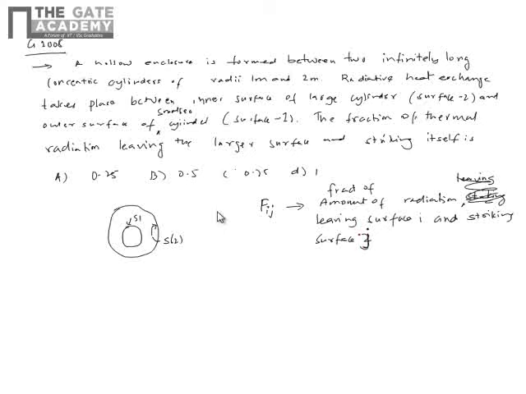If the total is 1, there might be 3 or 4 surfaces, so surface 1 might be participating with 2, 3, 4 or 5. So that is F. What we want is F22.